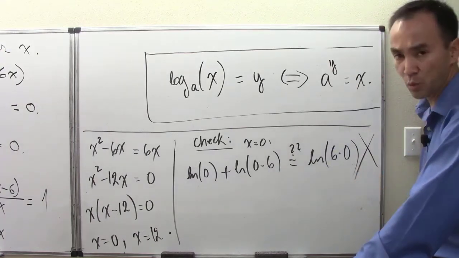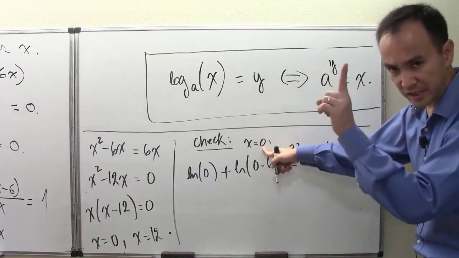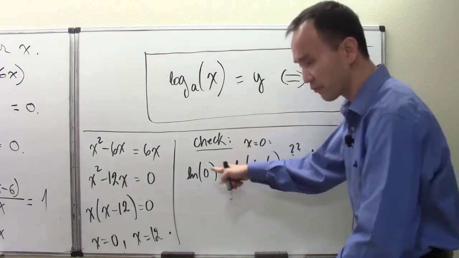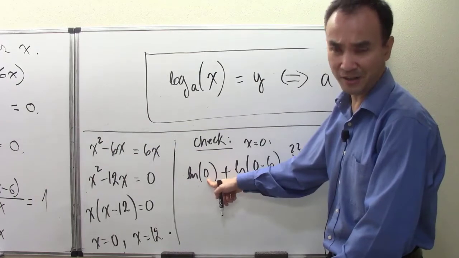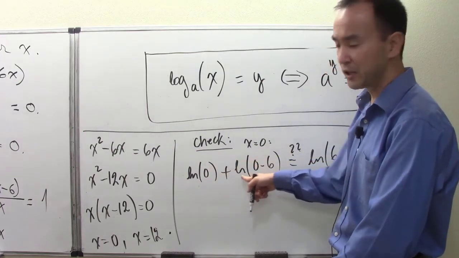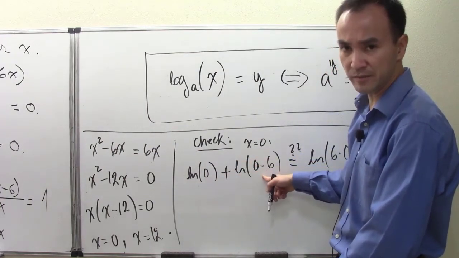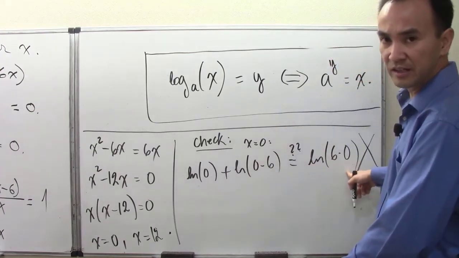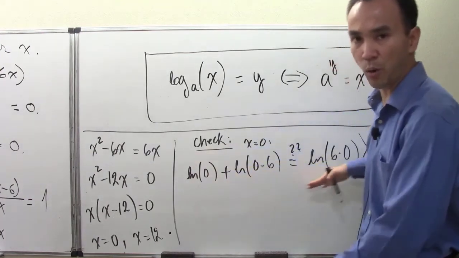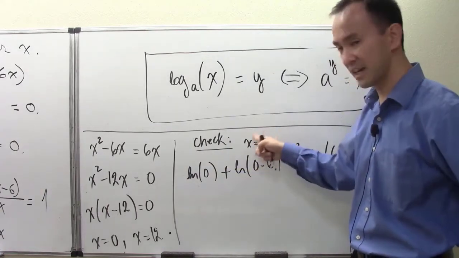It's not going to work. So x equals 0 is a tentative solution, but it's not the real solution to this original equation because that's undefined. This is also undefined due to taking the logarithm of a negative, so the whole equation just breaks down due to that value right there.